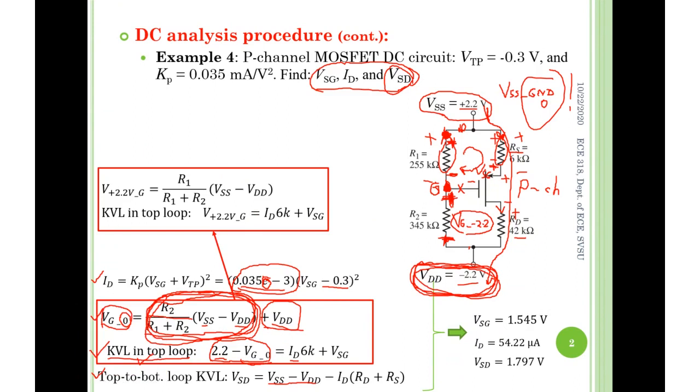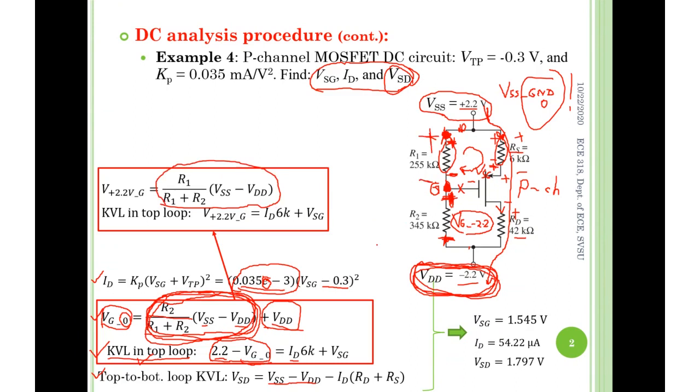In this loop again, what we need is the voltage across R1. How to find the voltage across R1? This time, the voltage across R1 is actually the voltage between the 2.2 and the gate, right? Directly apply this voltage divider. This voltage just equals this simple voltage divider.